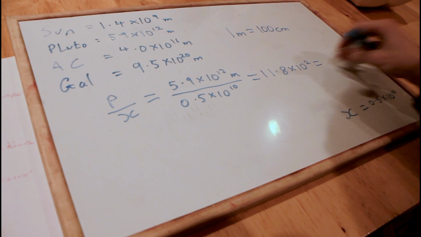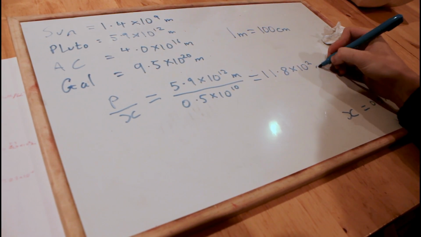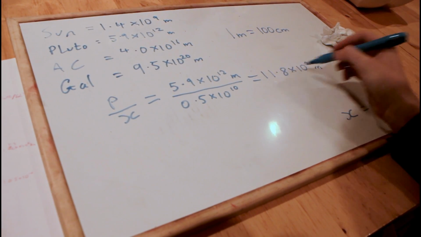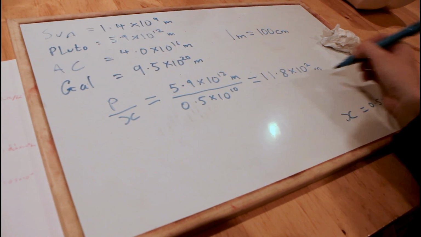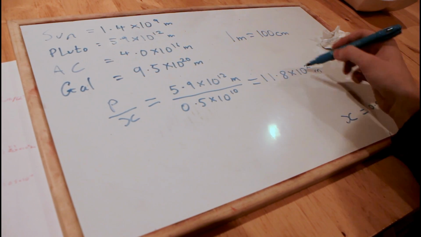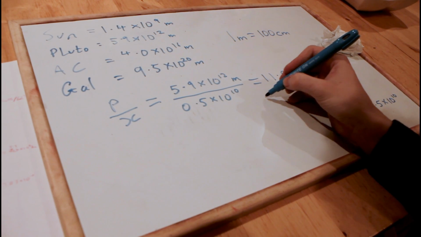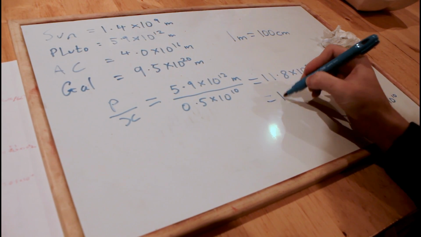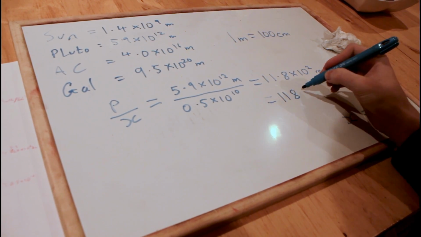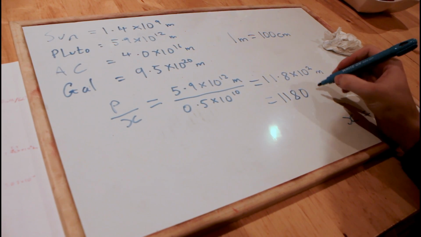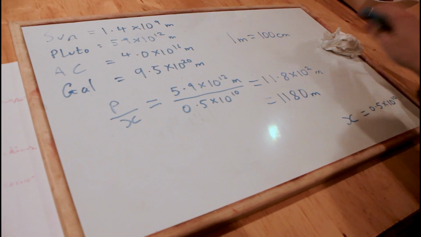And that is in meters. And it's convenient enough to make this actually written out in full meters rather than just using this shorthand thing that we've been using. So we're just going to make that 1,180 meters. Oh, there we go.